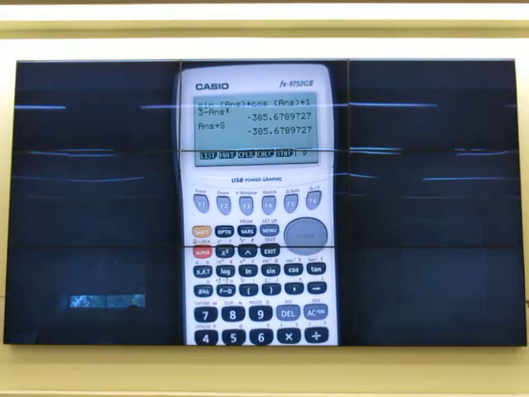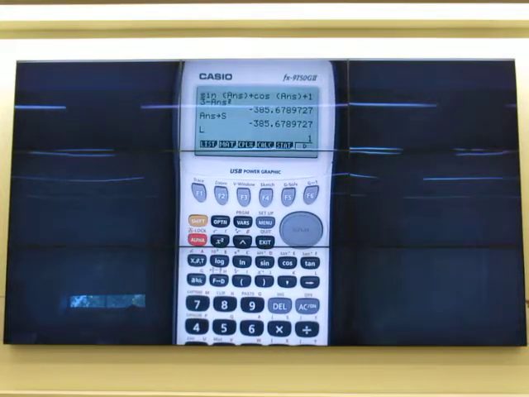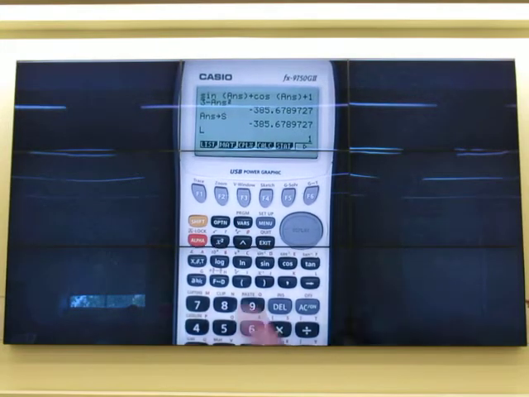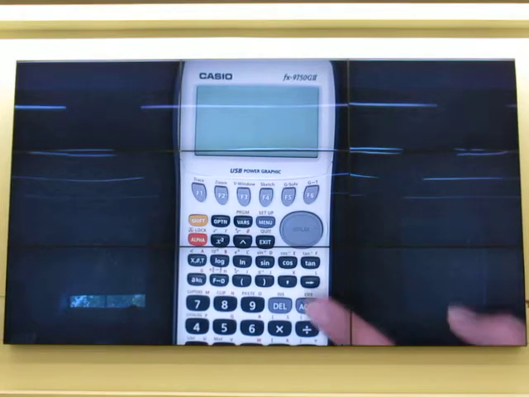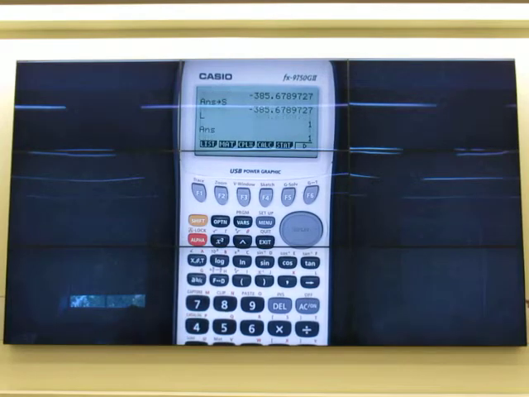Okay. Now I check my left limit. My left limit is L, so I recall L. Press the button, I get 1. And right now my ANS is 1. Oh, wrong button. So my ANS is 1.